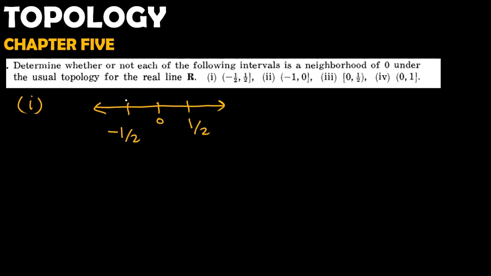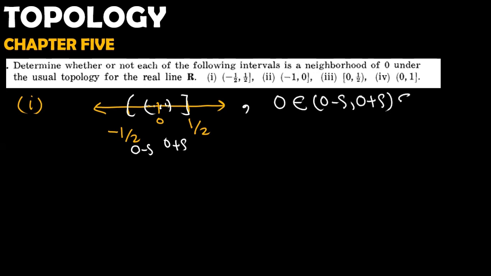So this is a half open and half closed interval. You can see that 0 belongs to the open interval (0 minus delta, 0 plus delta), and it is a subset of (minus 1 by 2, plus 1 by 2).